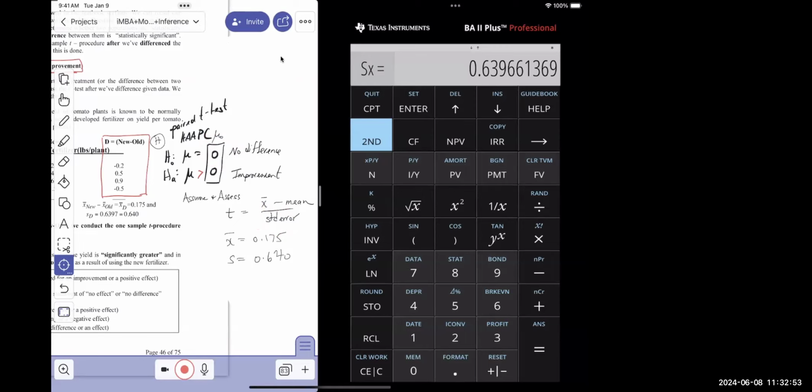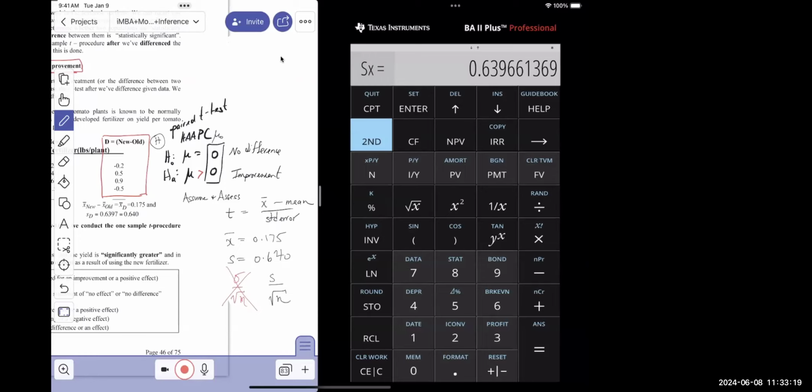The standard error is not sigma over root n. It's S because we don't have sigma. This is a study. We don't know the standard deviation of the differences, right? It's a new fertilizer. We don't know anything about it really, and differences from old fertilizers. That's why we're conducting the test.